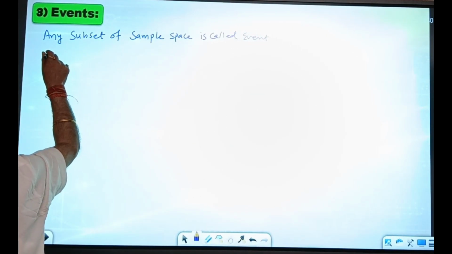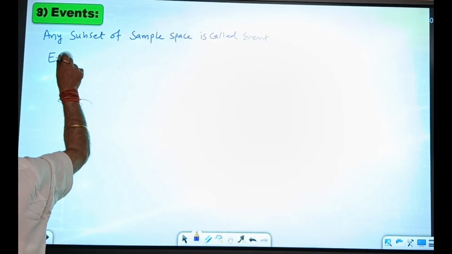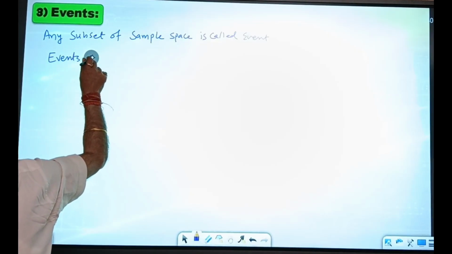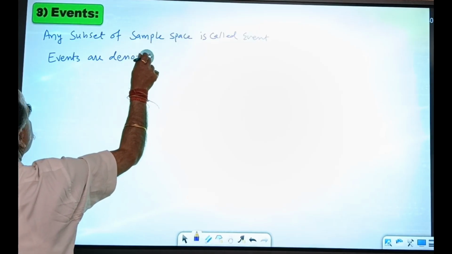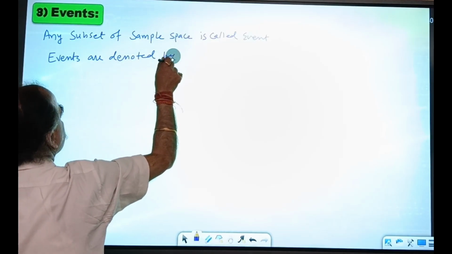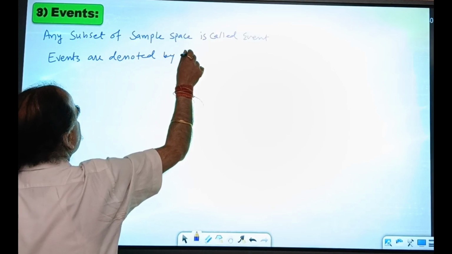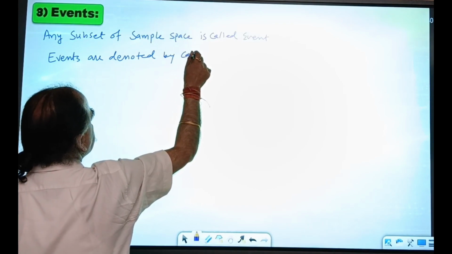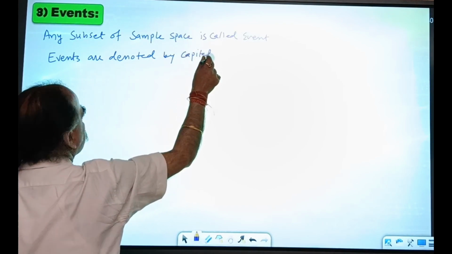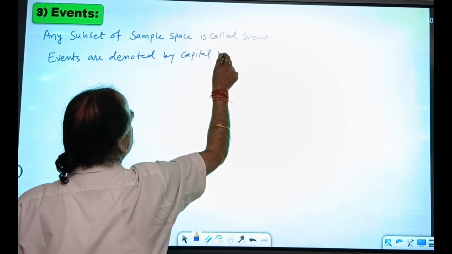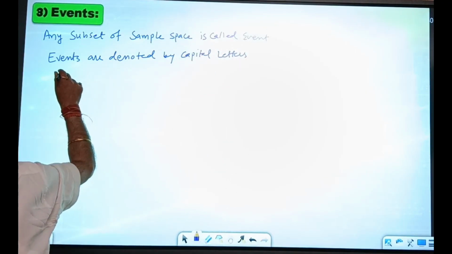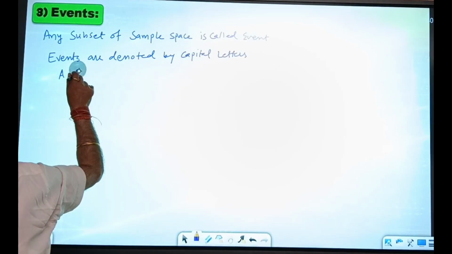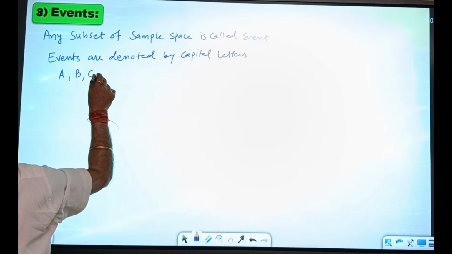Events are denoted by capital letters A, B, C and so on.